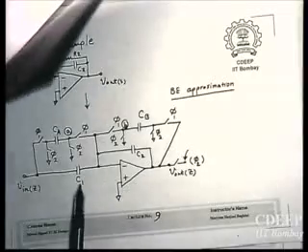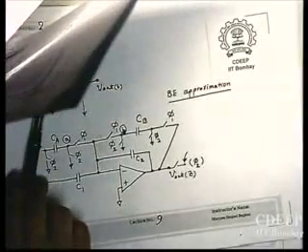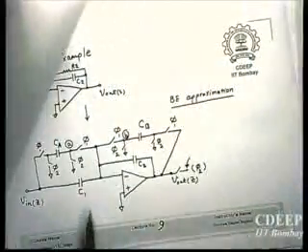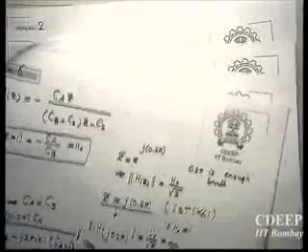So I just remove C1, therefore this 0 will be removed. I have only one pole. Now if I want to keep this C1, then I will have a complete H(z).